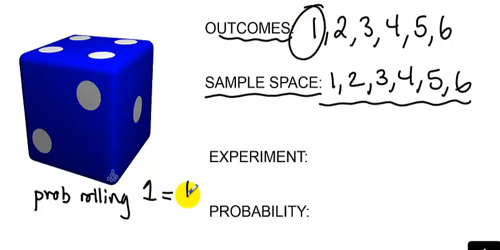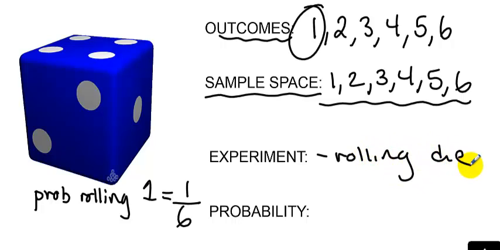So there's one way I can roll a 1 out of the sample space, which is 6. So the outcome is specific to the event that the problem is asking. The experiment would be just rolling the die in this case, because you're doing an experiment to find out what the probability is of rolling a 1.